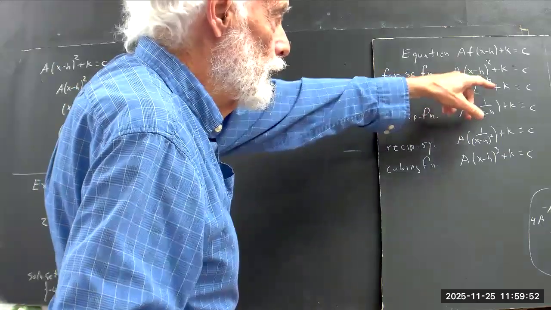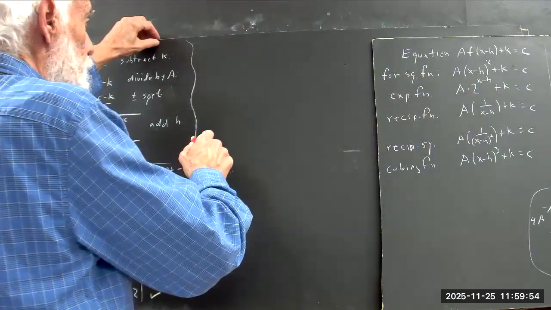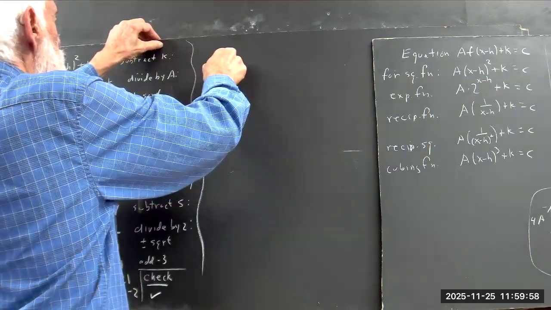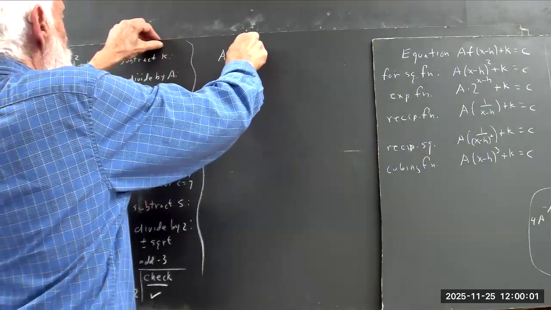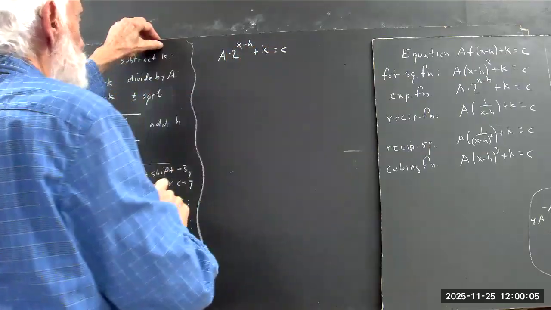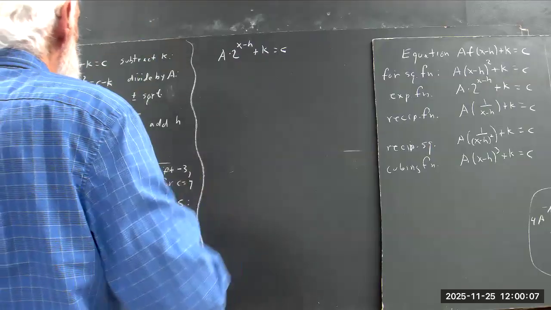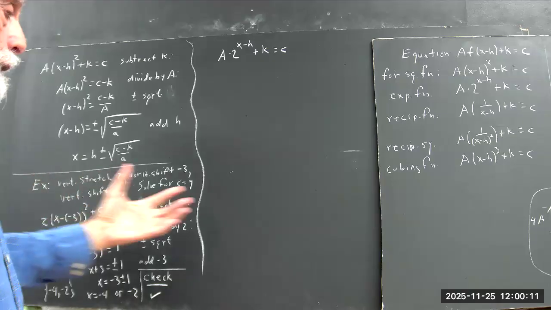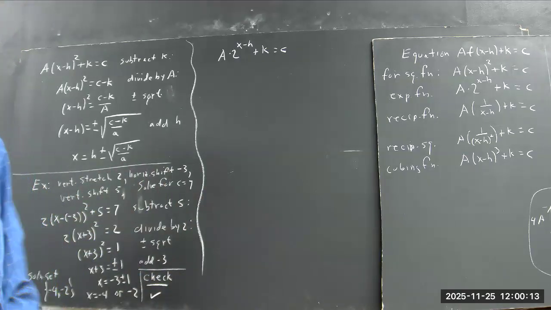Second form, a times 2 to the x minus h plus k equals c. Let's go ahead and use the same vertical stretch and horizontal shift that we did before.